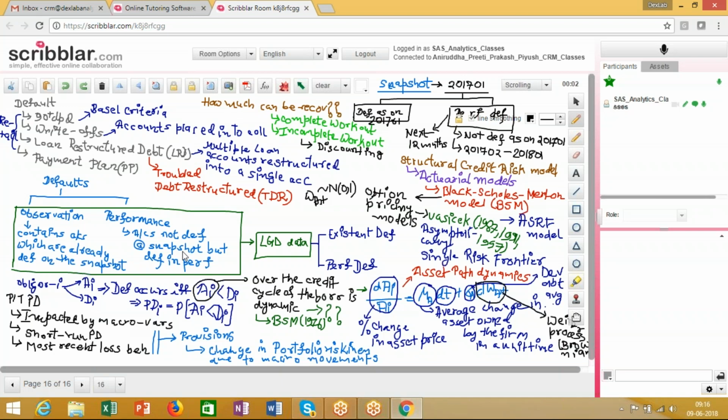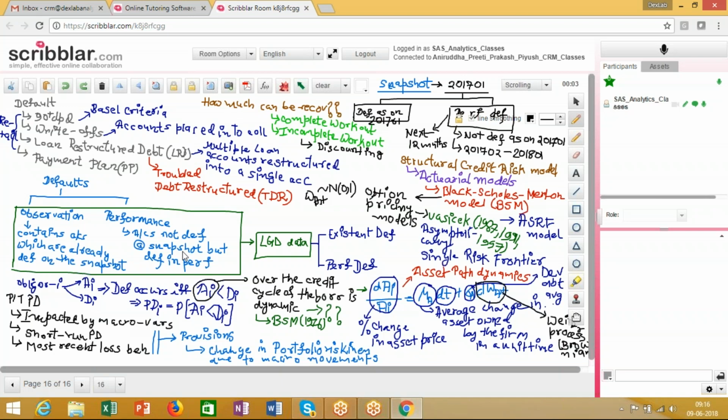According to the Basel criteria, if the account status fell under any one of these categories, it would be considered as a defaulted account, right?